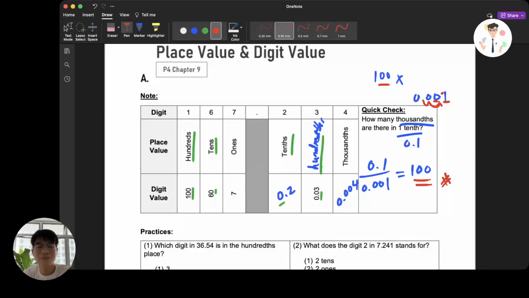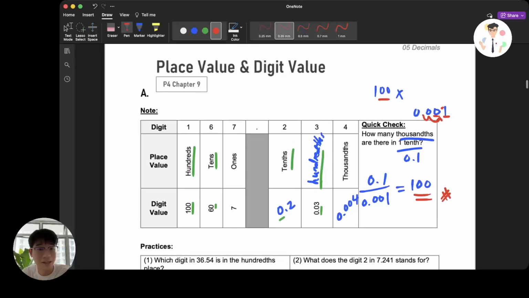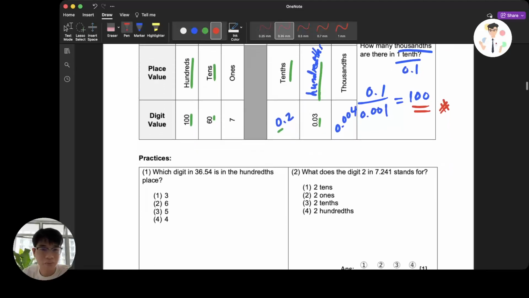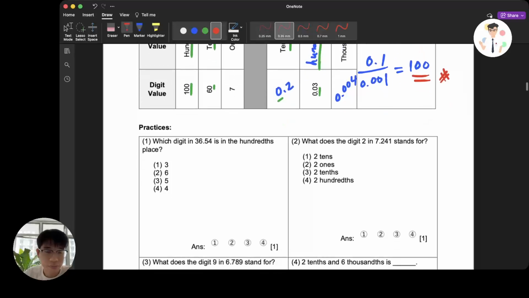Okay? So that is basically the key idea of place value and digit value. You have learned this back in P4. I'm just quickly revising this so that you are able to get into the real topics in P5 very quickly. Now just a quick check with one question. If they ask you which digit in 36.54 is in the hundredths, don't forget this TH place.